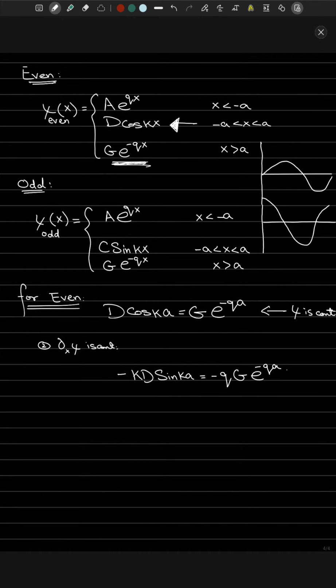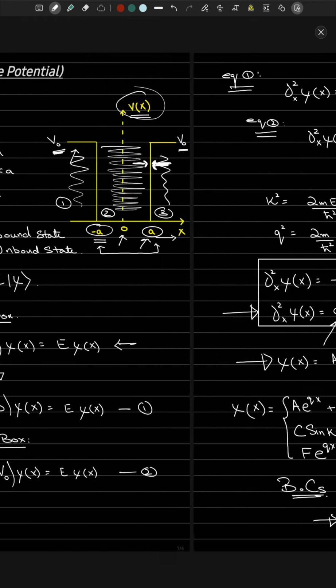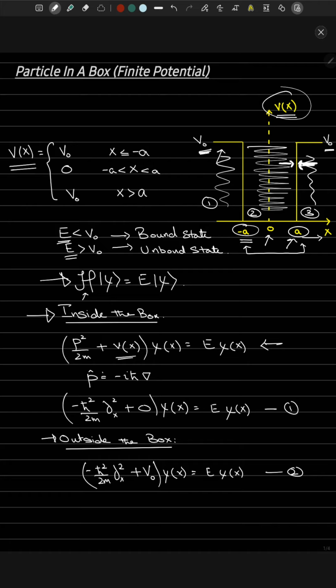So if I pick the right hand side of the wall, that is x equals a, I can apply the boundary conditions to the even wave function and the odd wave function and do all the calculation. Or I could have picked the left hand side of the wall, that is at x equals minus a, and applied the boundary conditions for psi and get my equations. The equations in both the cases would be the same because of the symmetry of potential.